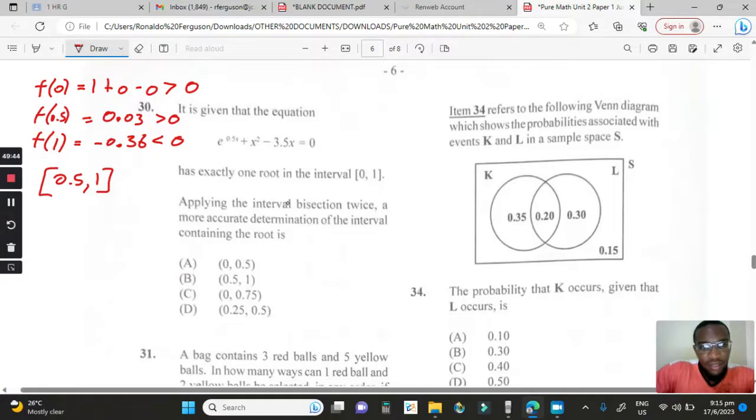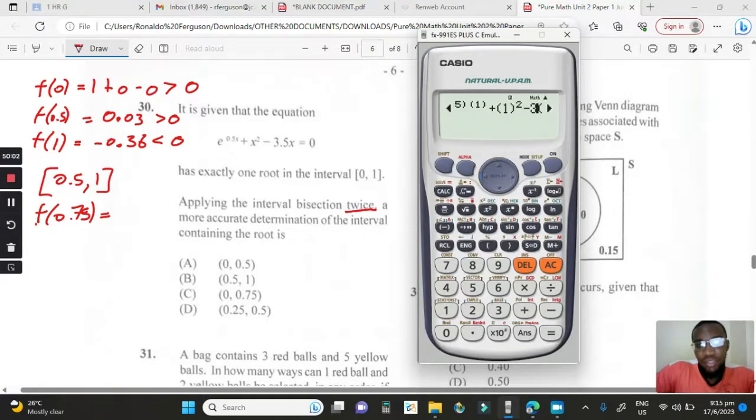Alright, so it says apply interval bisection twice. So if we bisect it again, well, the bisect of 0.5 and 1 is 0.75. So now f of 0.75, we're going to put that in the calculator where x is 0.75.